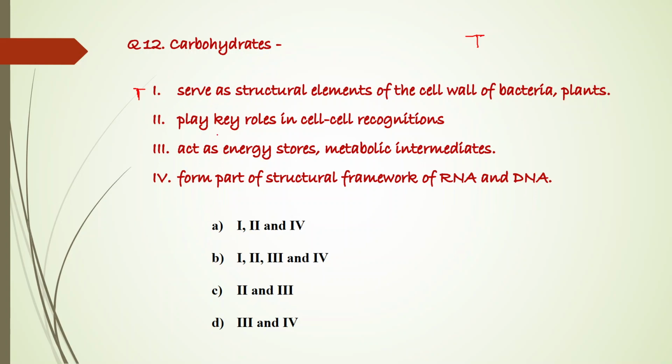Coming to the second one, play key roles in cell recognition. So cell recognition, you can think of it something like that, suppose this is one of your cells and it is trying to configure its neighboring cell, whether it is the same type of cell or not.